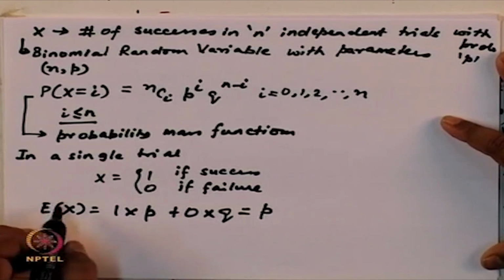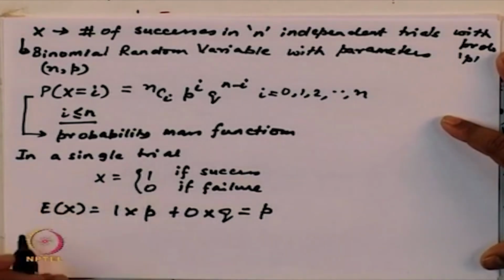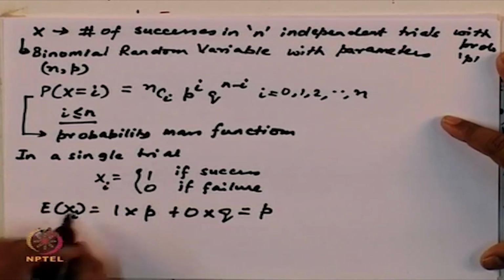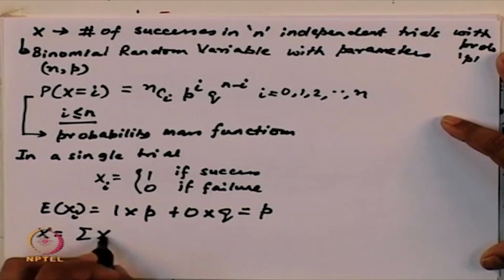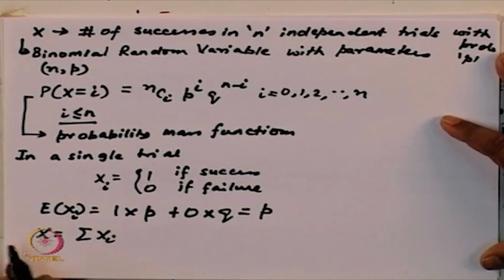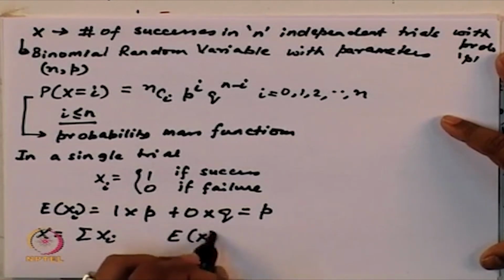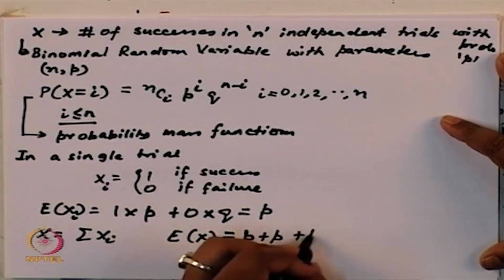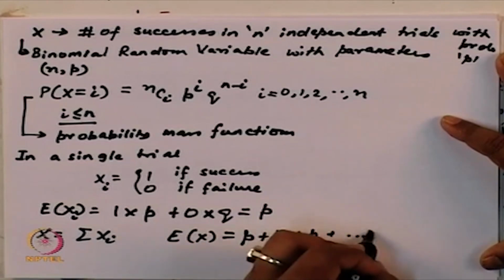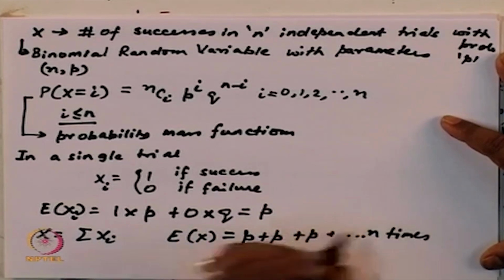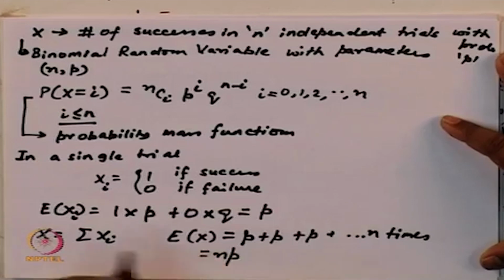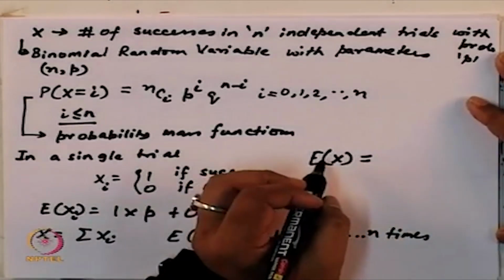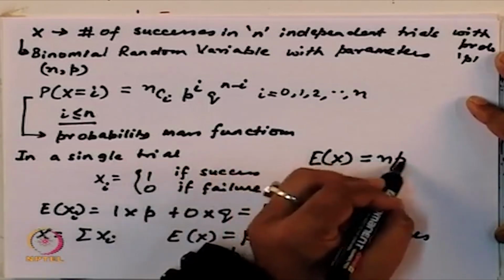This is for a single trial. So, we write x_i, and x is nothing but the summation of x_i. Then expectation of x is going to give me p plus p plus p, n times, that means equal to np. So, expectation of a binomial random variable with parameters n and p is np.